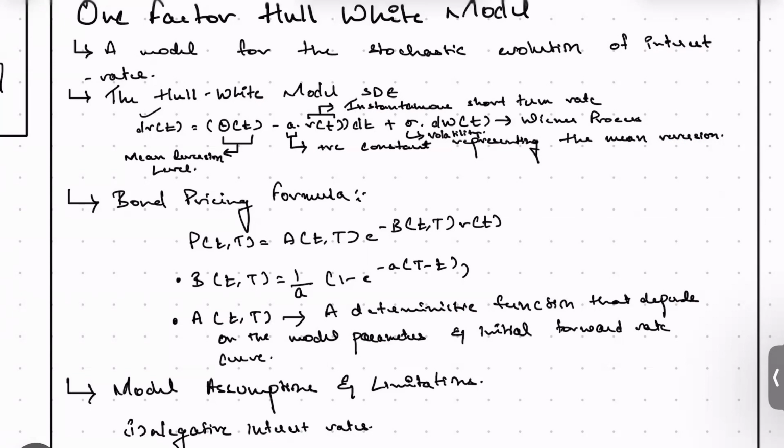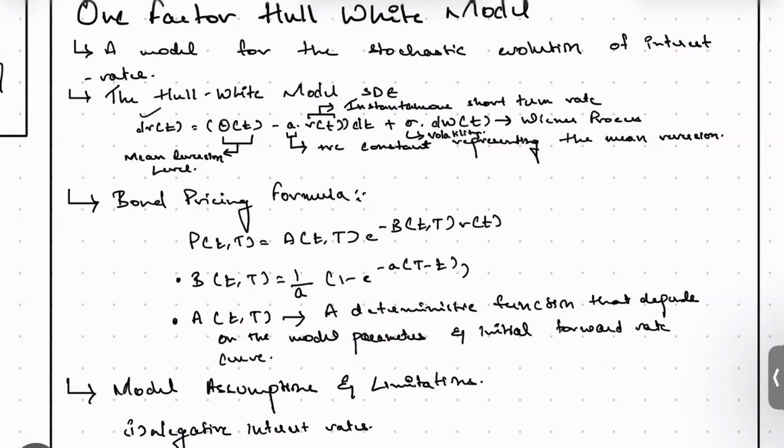Sigma is a positive constant which represents the volatility of the short rate. dW(t) is a standard Wiener process under the risk-neutral measure, representing the source of randomness or shocks to the interest rate. Theta(t) is a time-dependent function known as the mean reversion level. This is the most crucial component for ensuring the model is arbitrage-free. It is not a free parameter to be estimated, but is instead a function derived analytically from the initial term structure of interest rates observed in the market.